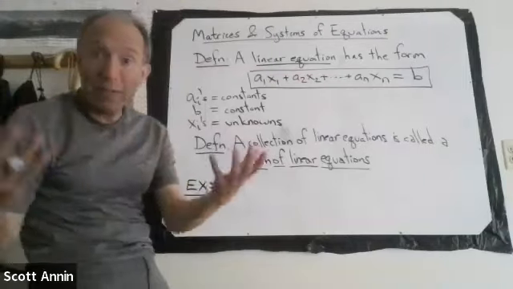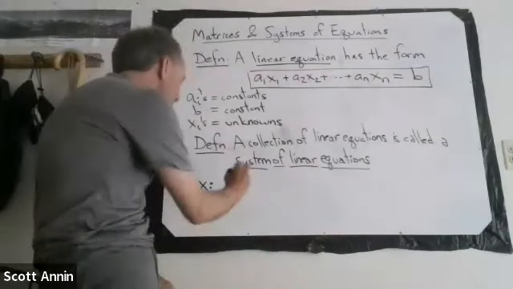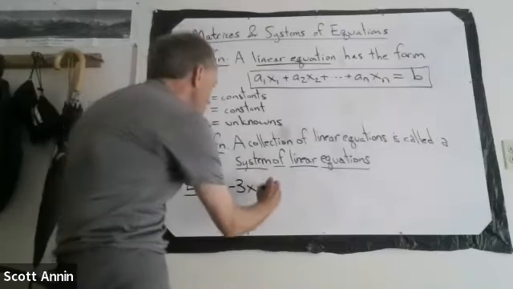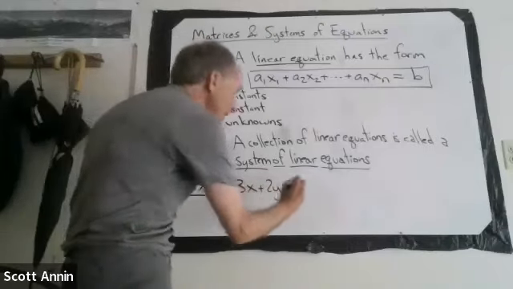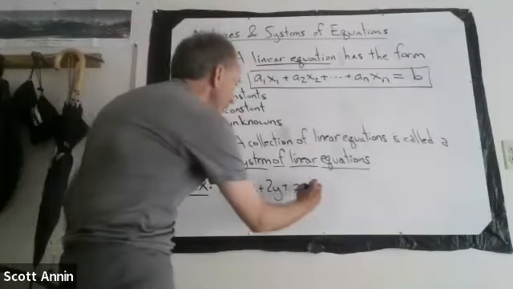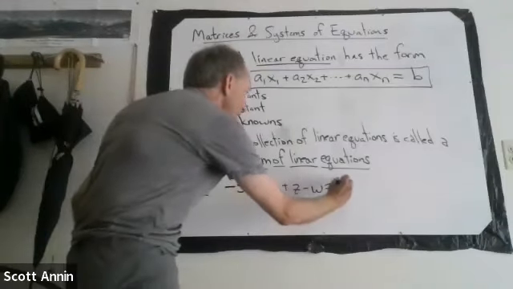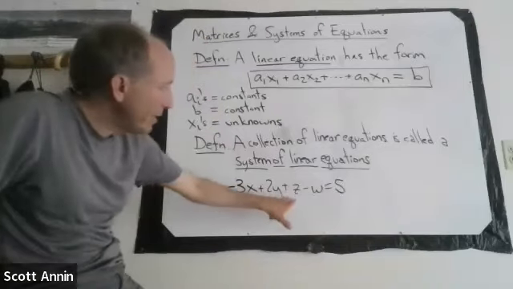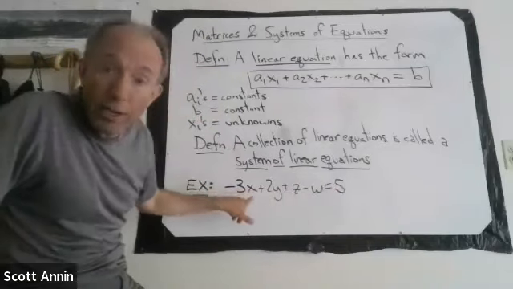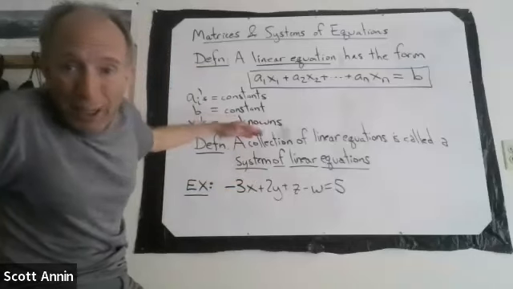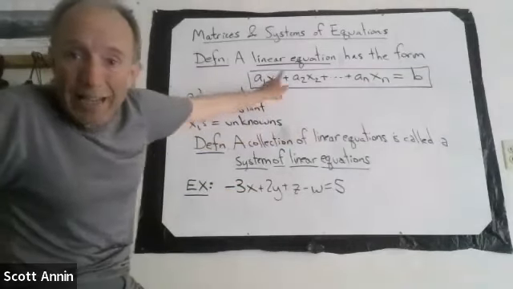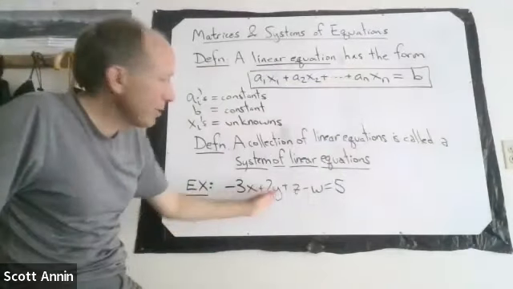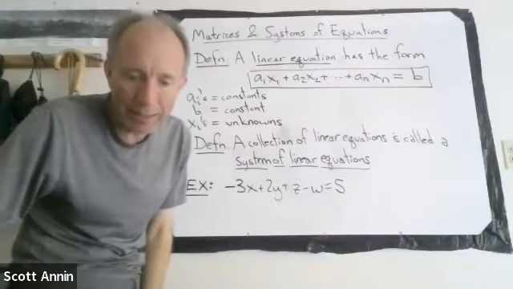You may just not have been focusing so much on their properties or the theory behind them. Instead, you might have been given a system of equations. Let's write down an example here. Maybe I have negative 3x plus 2y plus z minus w equals 5. That would be a linear equation. You see, I have a lot of constants in the equation, and I have unknowns. Up here, I was calling the unknowns x sub i's, but if I have exactly 4 of them, I might just label them as x, y, z, and w, like I've done here.